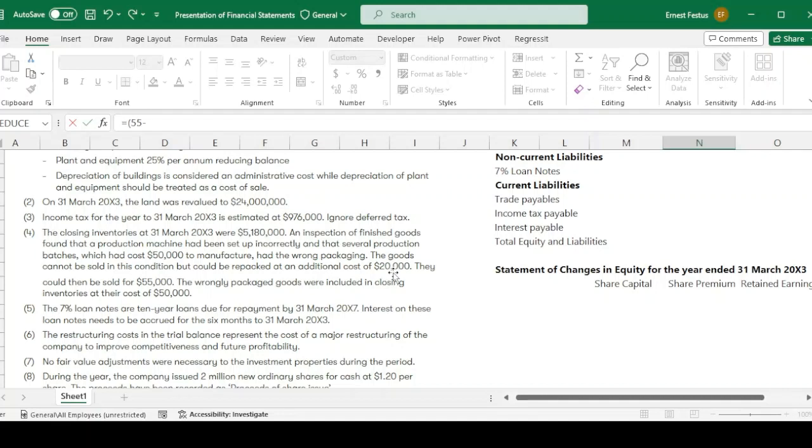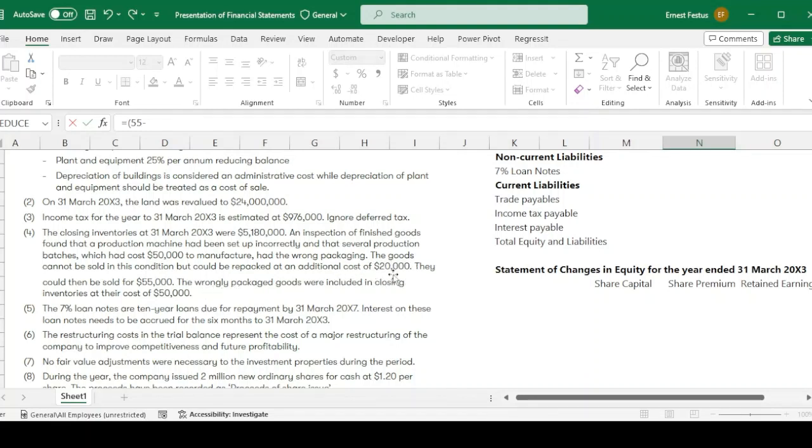We know that to get the amount to realize for a particular item, the amount we are going to realize is actually the net amount. That's why you call it the net realizable value. So that's the amount you are going to use to sell the asset. So this is the cost of the asset. This is the amount we want to sell the asset, 55,000. We repackage the item at 20,000.